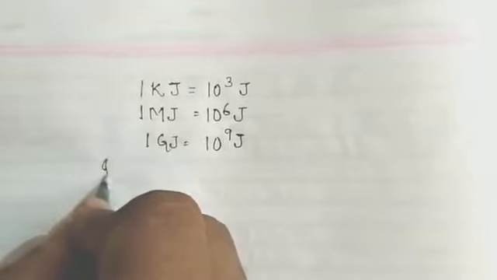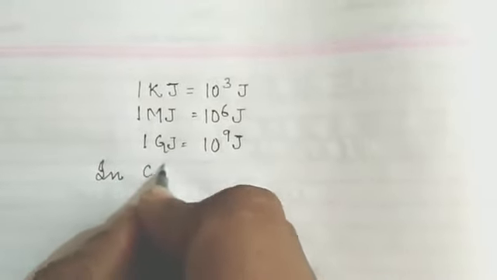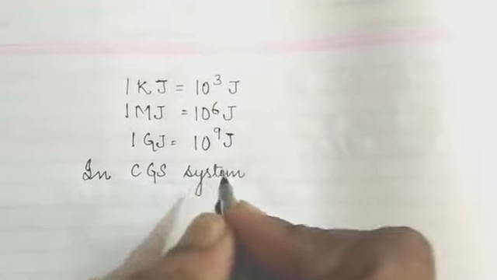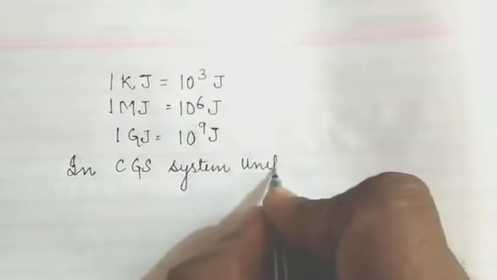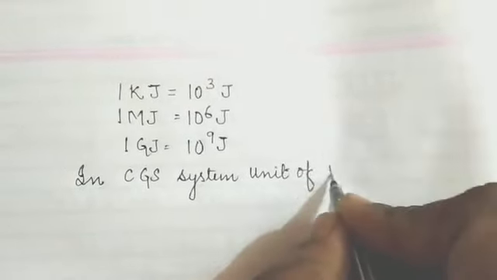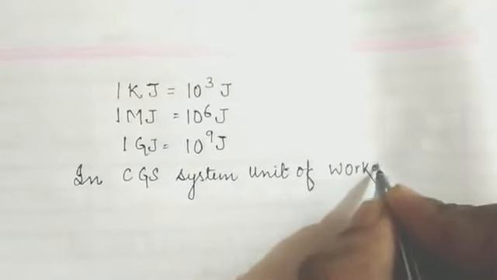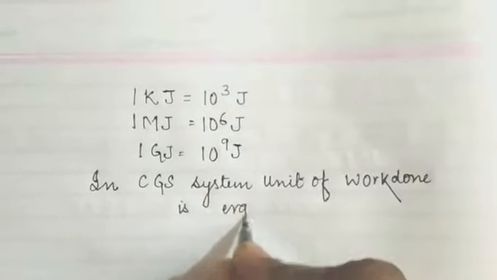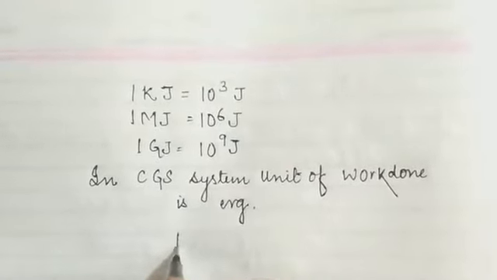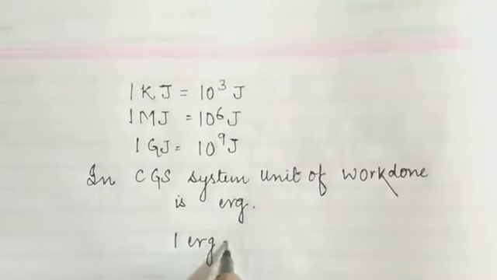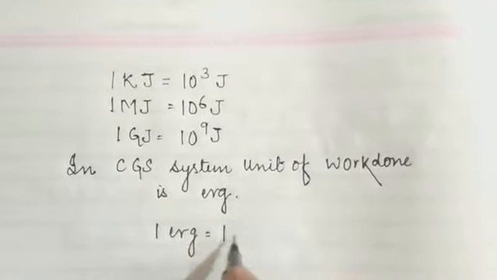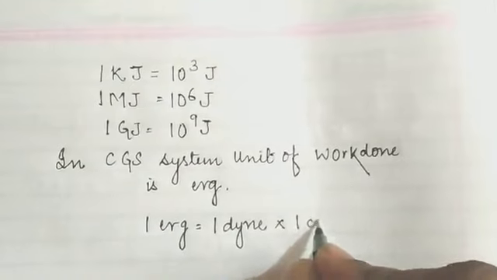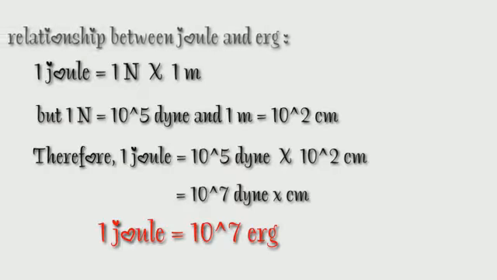So in the CGS system, the unit of work done is erg, whereas 1 erg is equal to 1 dyne. 1 dyne is the force and 1 centimeter will be the displacement.